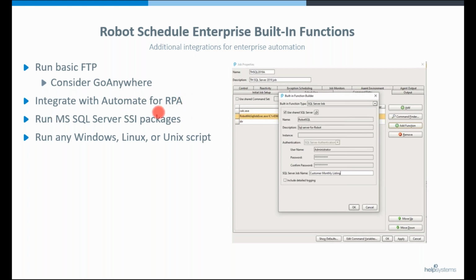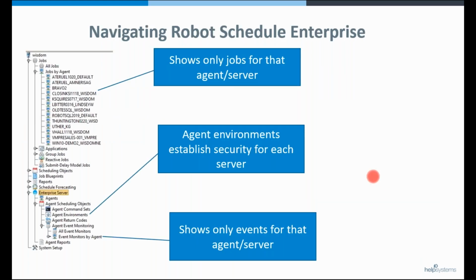I already mentioned running an SSIS package out there in the Microsoft SQL Server world, and certainly any kind of script you have out there, whether it's a batch file or any other type of Unix type script, we could execute that.